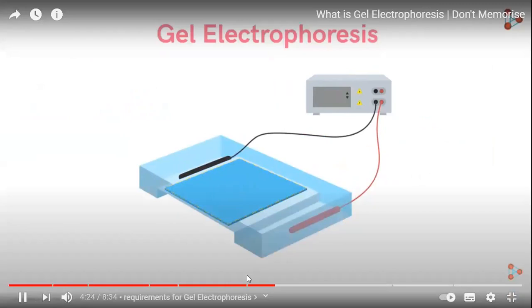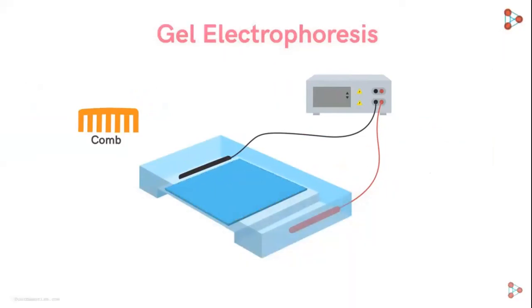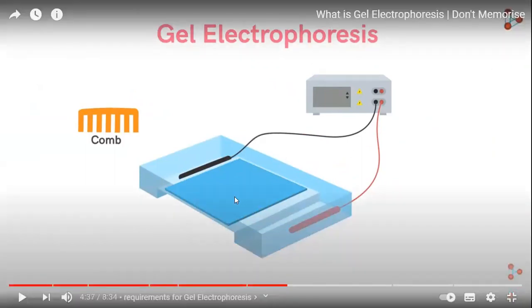We usually opt for a comb to form well-like structures into the gel. And why do we do that? Because it's in these wells in the agarose gel that we load the DNA mixture.